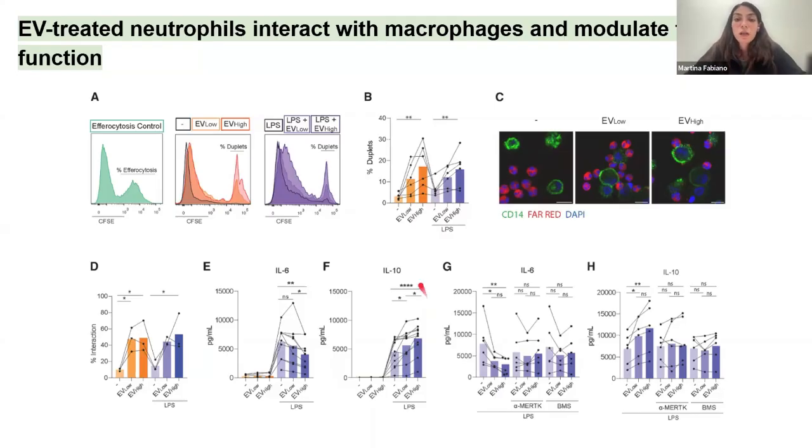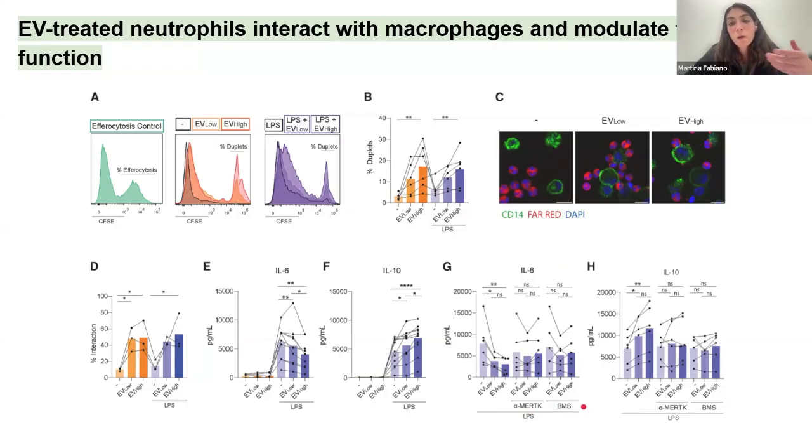Taking into account the previous results, we started thinking that maybe the Gas6 and protein S attached to the EVs could be the mechanism by which this interaction was happening. So we pre-treated macrophages with the anti-MERTK blocking antibody and the BMS, the same as Alan mentioned before.